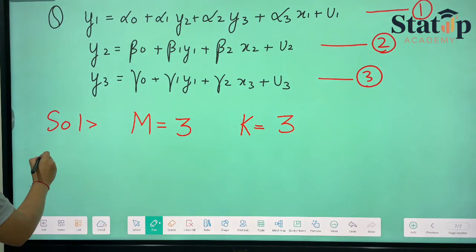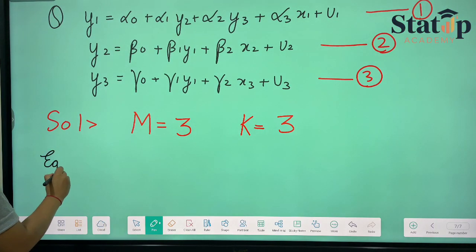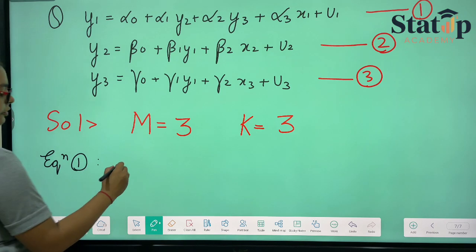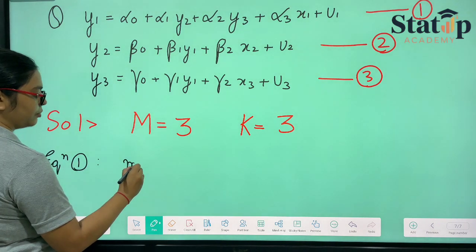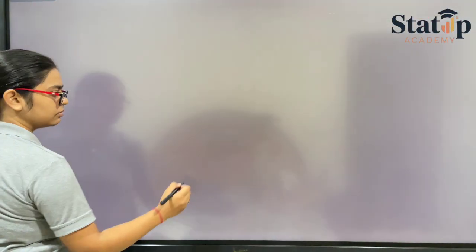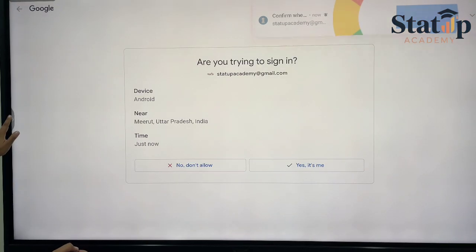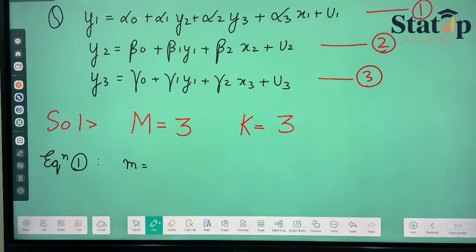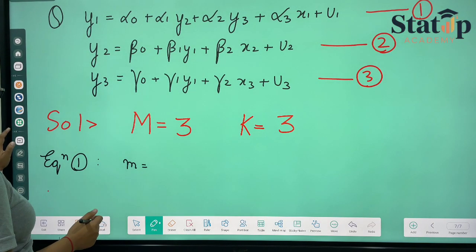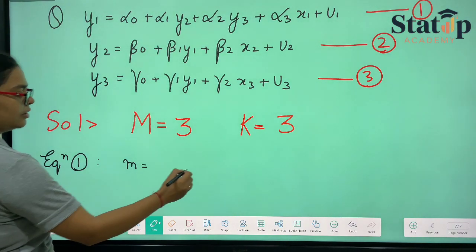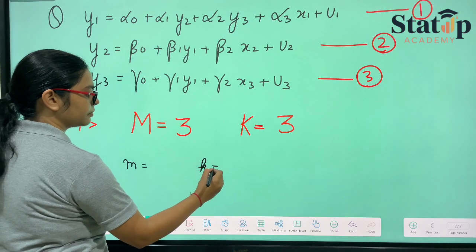So for the first equation, first we will see what is the value of small m and what is the value of small k.